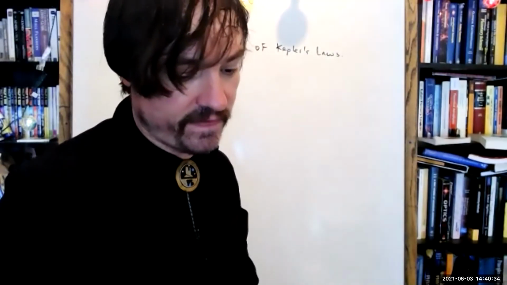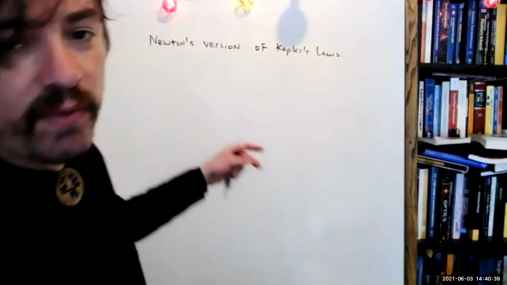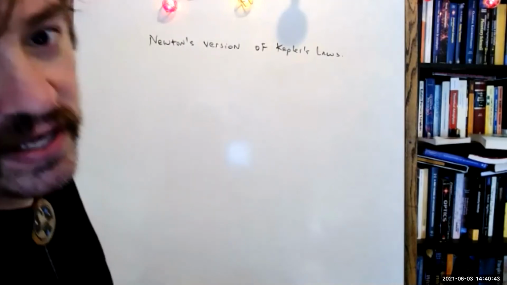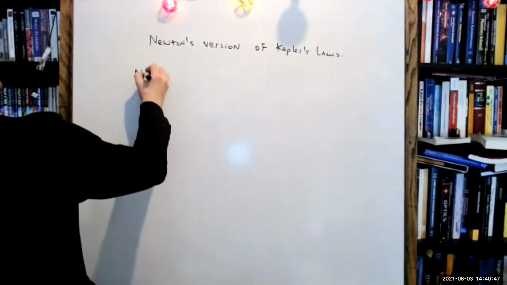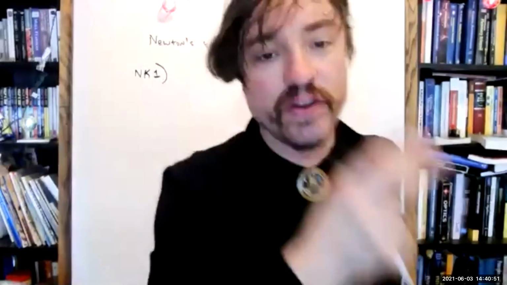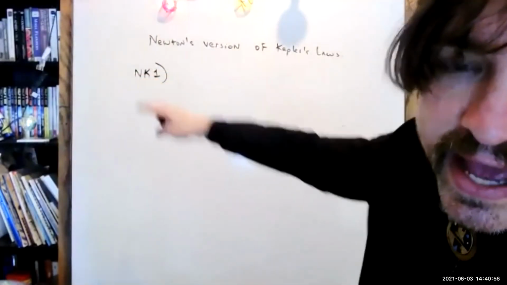Maybe I'll do it at the beginning of next class instead. I want to basically talk about how Newton reanalyzed Kepler's laws and what things he discovered from them. So instead of calling this Kepler's first law, I'm going to refer to this as Newton's version of Kepler's first law, or to abbreviate it, NK1.